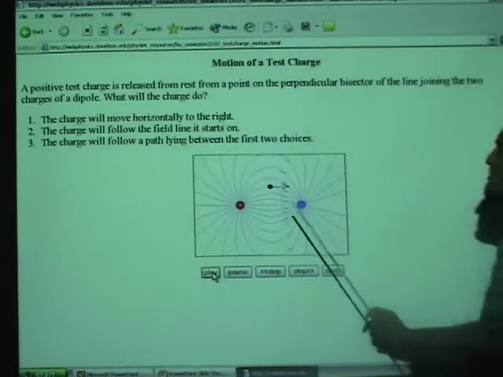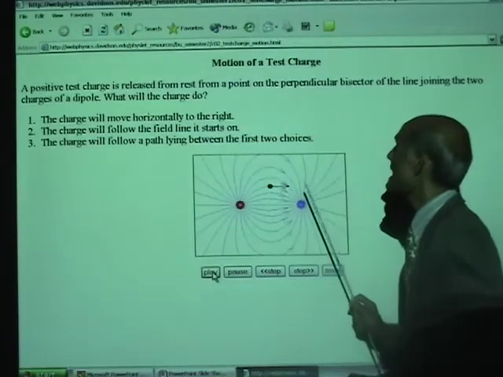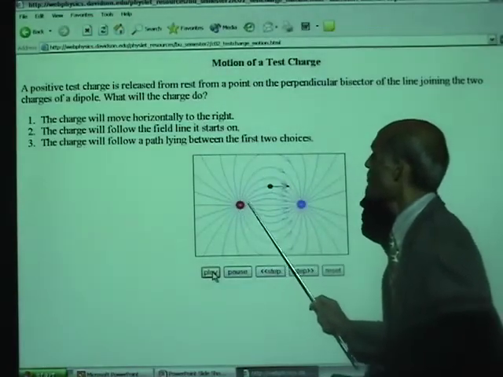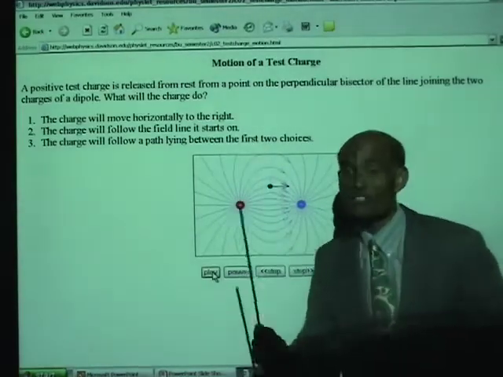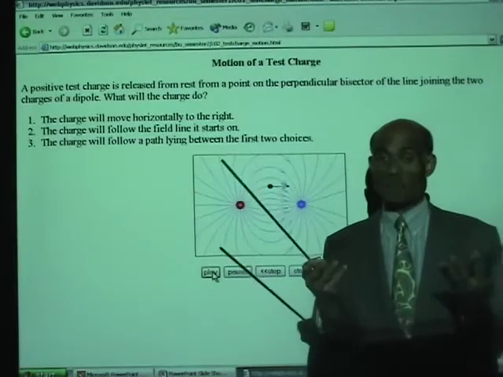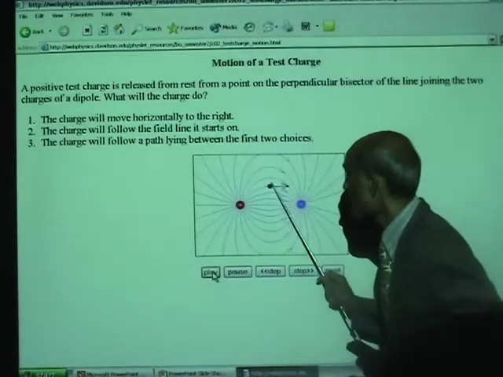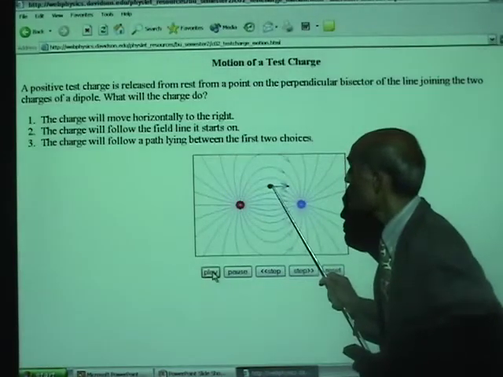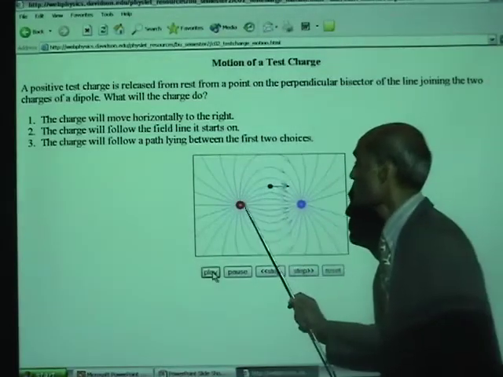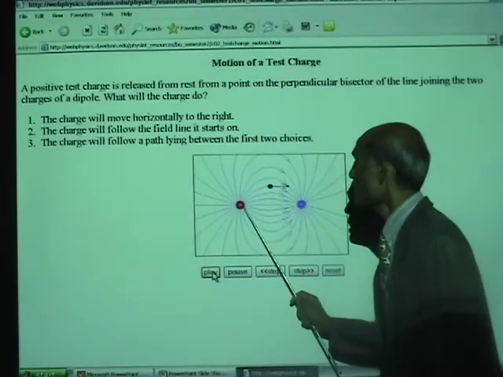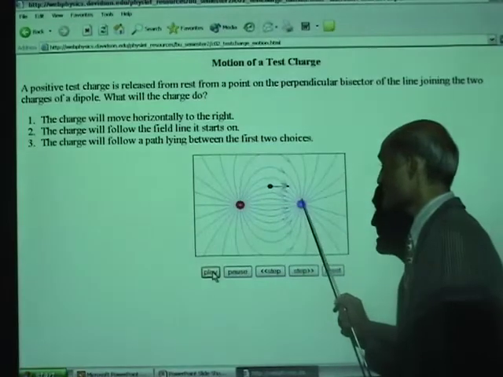Now, here I have constructed an electric field. We will soon see what these lines actually mean. This is a positive charge, this is a negative charge. If I place a positive test charge, remember the standard test charge is positive, what will be the path that test charge is going to take? You will notice that because this is positive, it will move away from the positive and towards the negative.